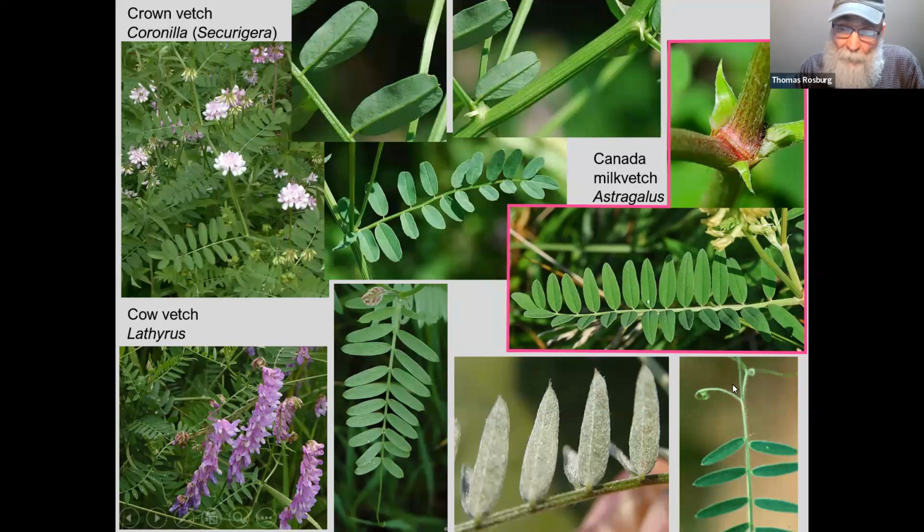And here's an example of tendrils over here as well. Cow vetch in particular is also pretty pubescent. But if you see, again, tendrils on a compound leaf, then you've got either Lathyrus or Vicia. Both of them are types of either a vetch or vetchling.